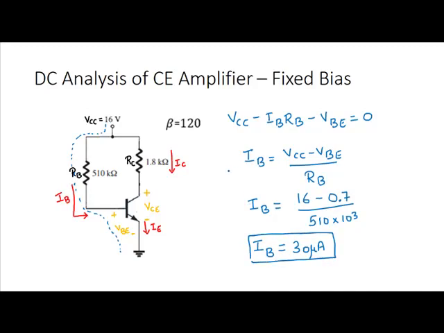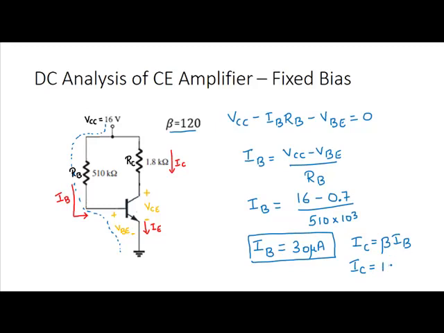In the next step, we will find out the collector current IC, and we know the relationship between IB and IC. So IC is given by beta times IB. So beta value is given, it is equal to 120 for this particular transistor. So let me plug in the values and find out IC.